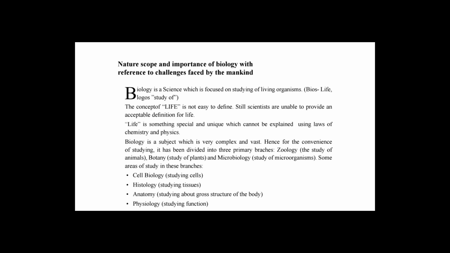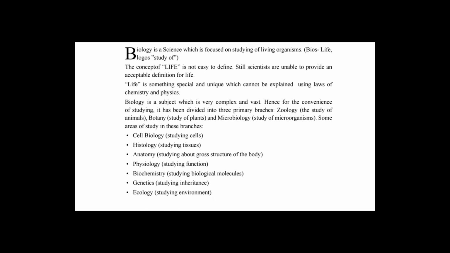Usually scientists say we can explain everything. Even when we walk, we can explain it using physics and chemistry. But life is very special and unique, and cannot be explained using these kinds of laws, like Newton's laws. That's why life is special and unique.